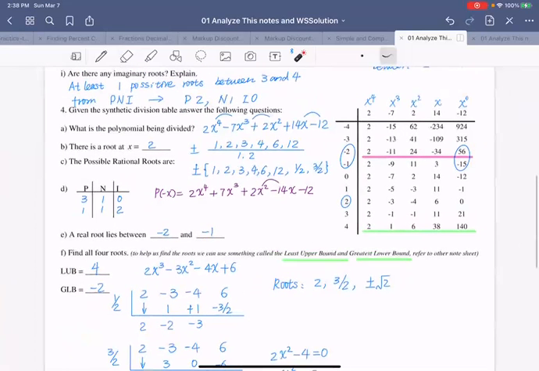Upper bound is going to the positive direction. And you see the first place where the values all have the same signs. You see here? This is the first time that all these numbers are all positive, right? This is positive, this is negative, this is negative. No, this is not correct.